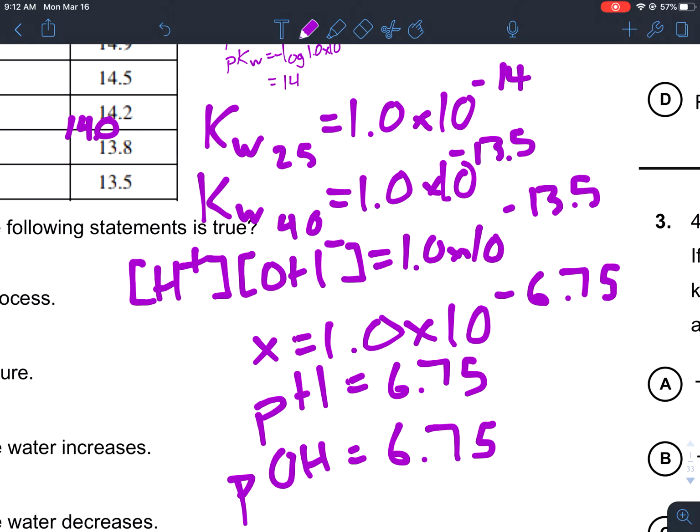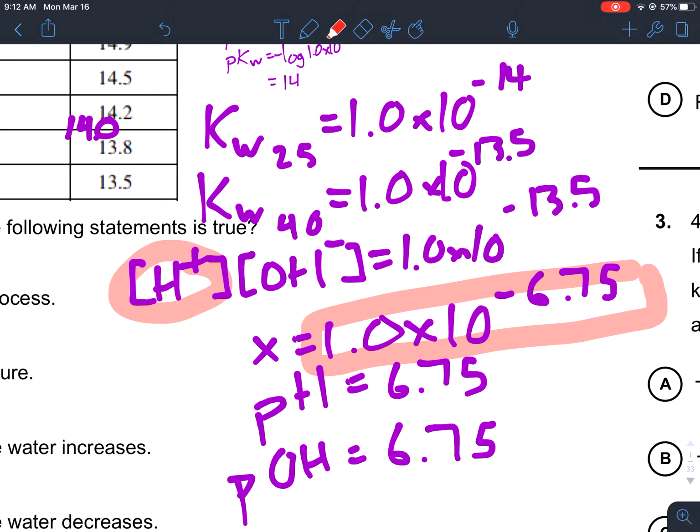Look, this H plus equals 1.0 times 10 to the negative 6.75. But this OH minus as well equals 1.0 times 10 to the negative 6.75. So no, it didn't become acidic. It's still neutral. Neutral is now 6.75 in this situation. The overall pH plus pOH is 13.5.